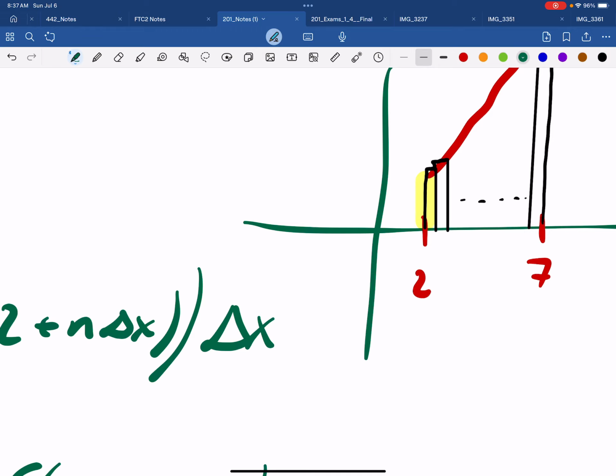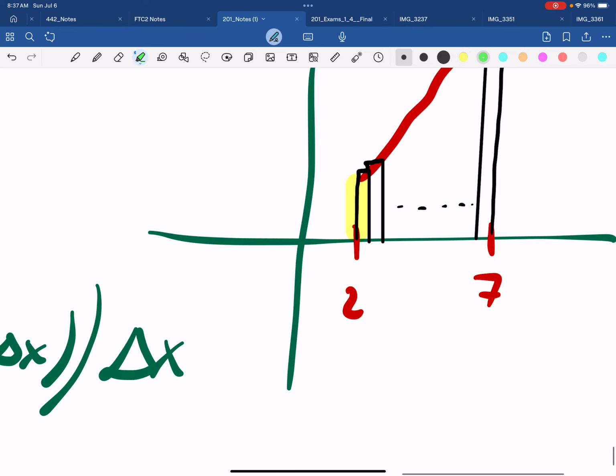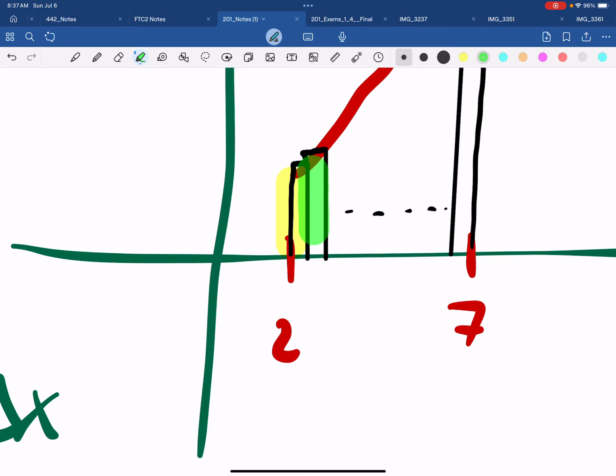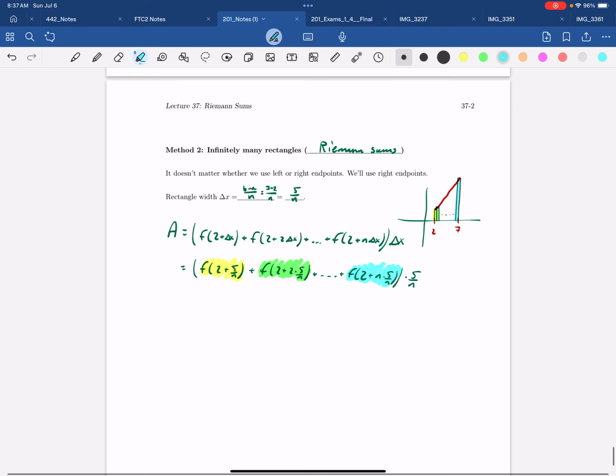And this one corresponds to this rectangle here, and the last one over here corresponds to this rectangle there. Just so we can see where we're going with all this.